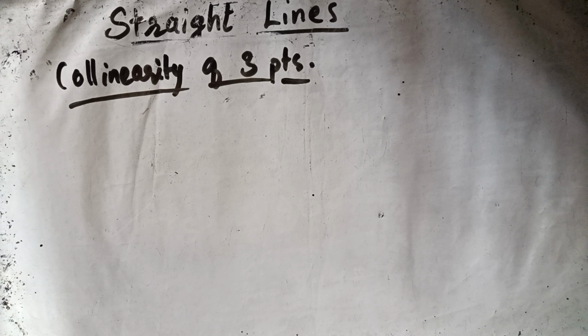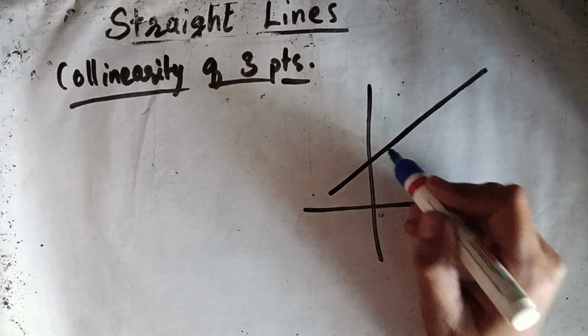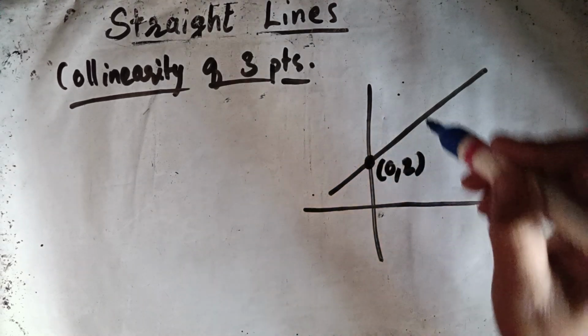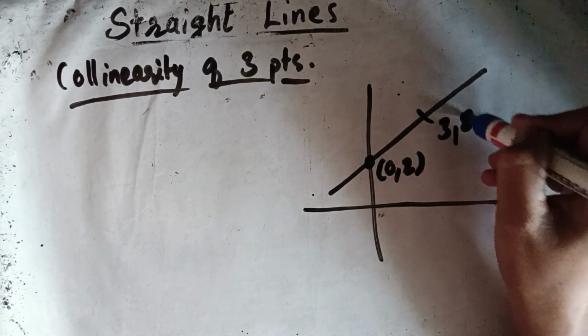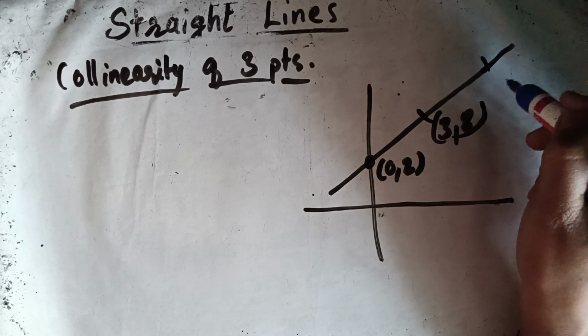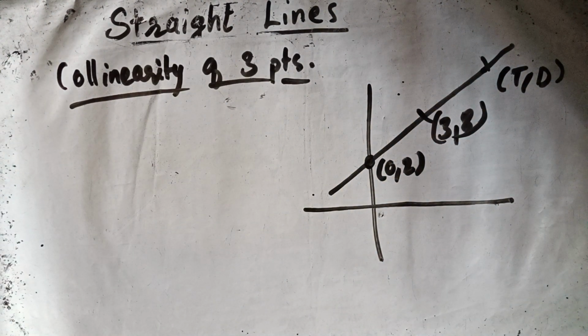Two positions of the time and distance are recorded. They have given it like this: 0, 2, 3, 8 and t, d. So using the concept of slope, find the law of motion, that is, how distance depends upon time.